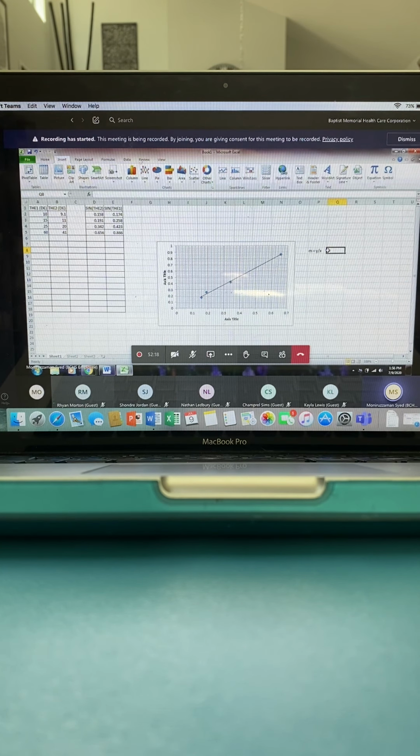If you do that, then how much did you get? This result should be exactly 1.32. Okay, 1.32. With my calculator, I got this slope value.